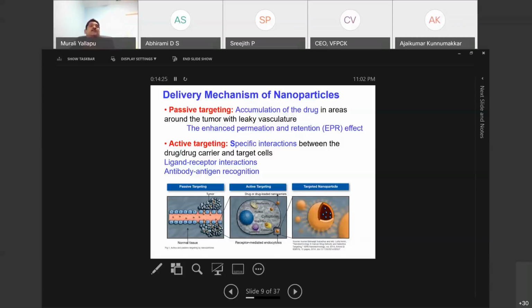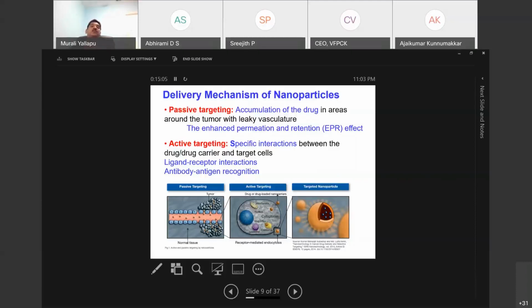When they see leaky vessels that are present near or in the tumors, these nanoparticles go inside the tumors and then lock up in the tumors. Therefore, they may release, with time, the drug contained in the nanoparticles, and therefore you might see some therapeutic benefit compared to small molecule drugs. Small molecule drugs, even if they go through this EPR mechanism, have a tendency to come out from the tumor cells.